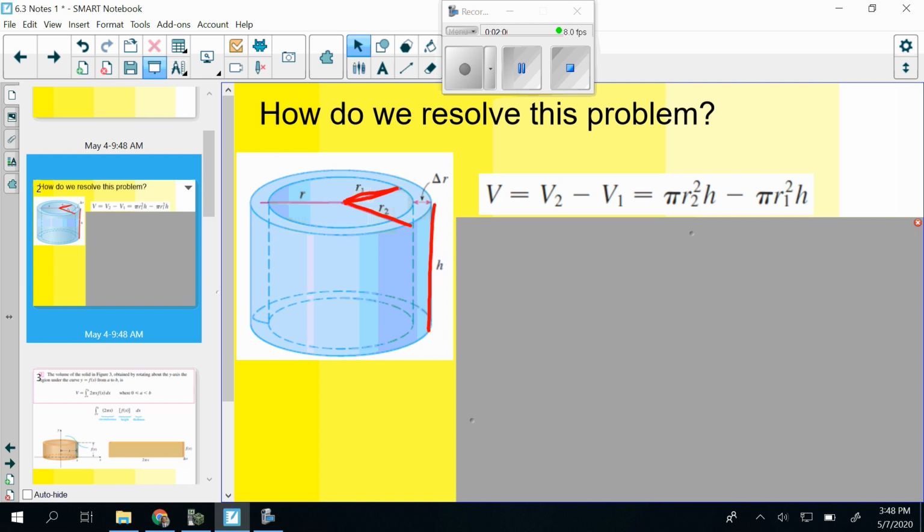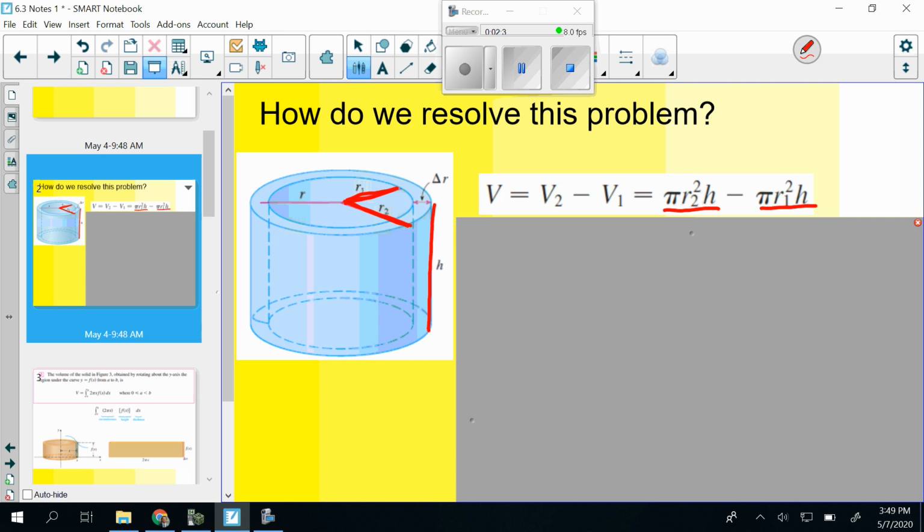If we subtract the volume of the hollowed out cylinder, we get the volume of the remaining stuff. How you find the volume of a cylinder is pi r squared times the height. So we got the outer one having this r2 radius, and the inside radius with this r1 radius. If we subtract those, we should be left with this volume.